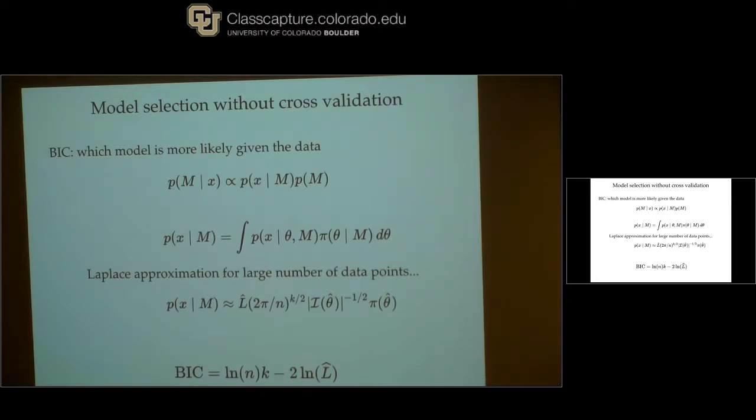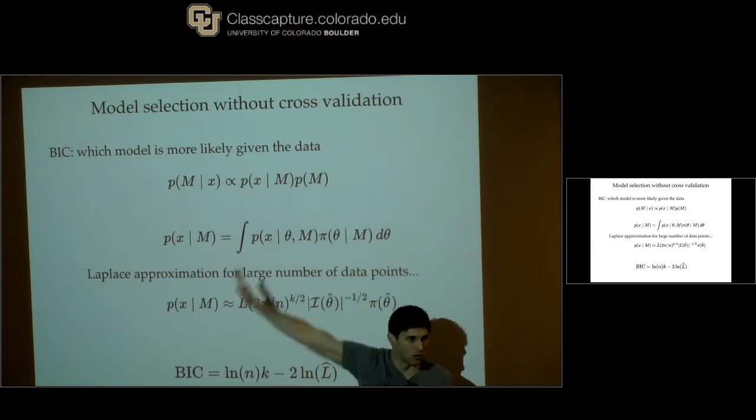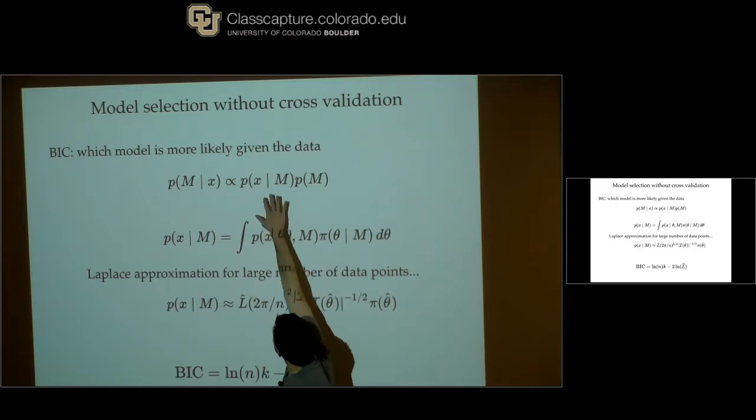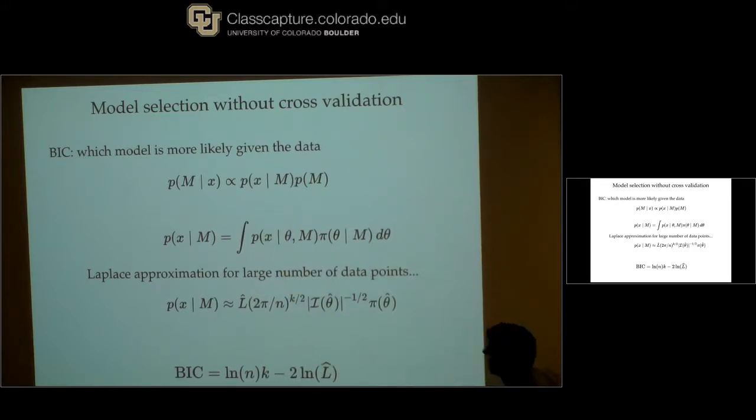So what you can actually discover from doing this simple Bayesian analysis is that you can actually have a uniform prior on your models. You have no preference for simpler or complex or whatever, and you just look at this posterior of the distribution of models given your data using Bayes' rule.